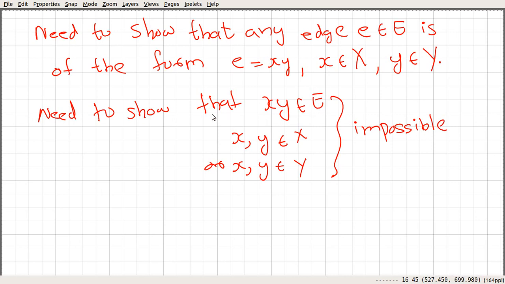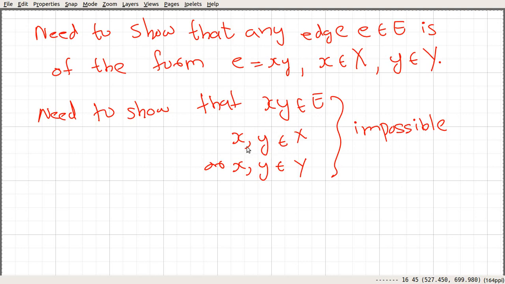This is exactly equal to this thing, right? I only need to show that if xy element of E, this situation won't arise, xy element of X or xy element of Y. So if you are able to prove this, then we are done. So let's prove that this condition is not possible.